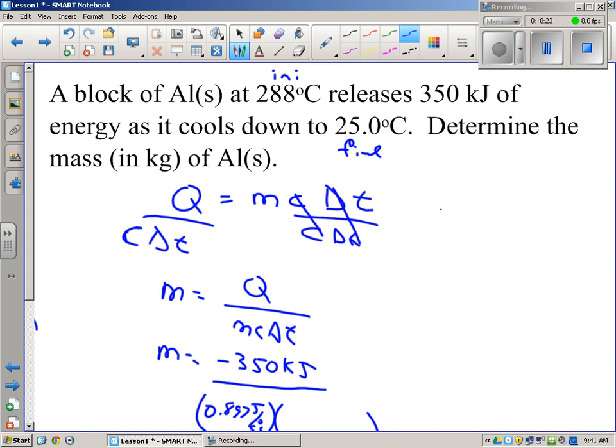So delta T here is the final minus the initial, right? Well, the final's 25, the initial is 288. So when I subtract those two, I get 25 minus 288, which is a negative 263 degrees Celsius. Okay? That's how much energy's basically been lost.